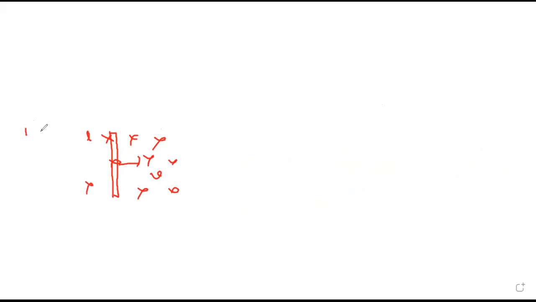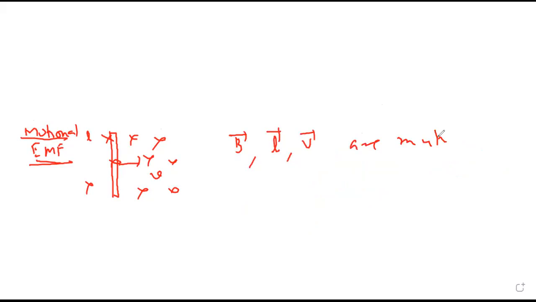This is called as motional EMF, or you can say translational motional EMF. Here B vector, length vector and velocity vector are mutually perpendicular to each other.